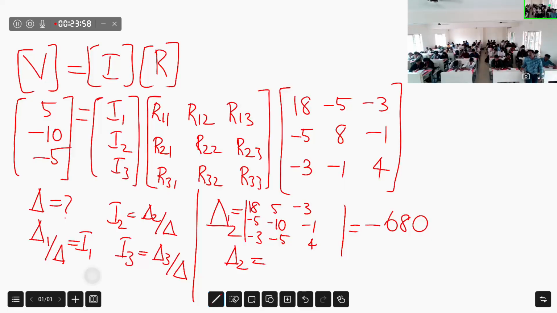Next, what will you do? Find the del 3 value. Just replace the third column values with voltage values.